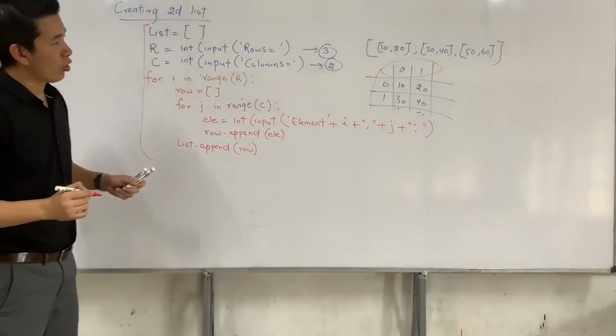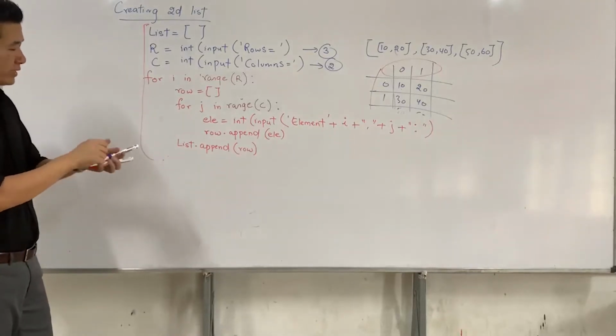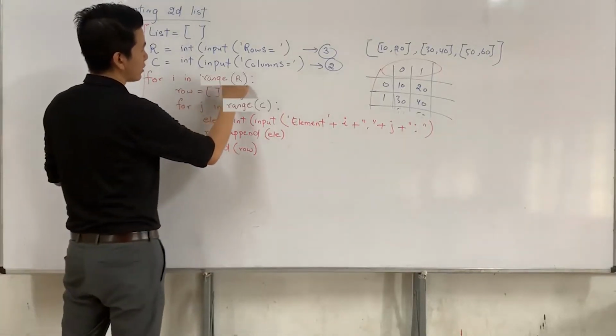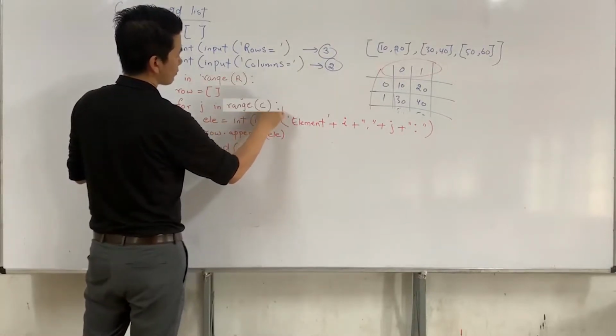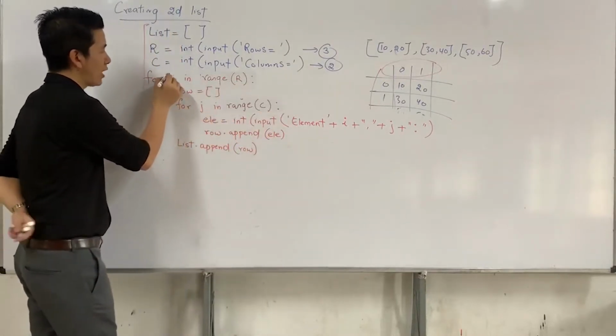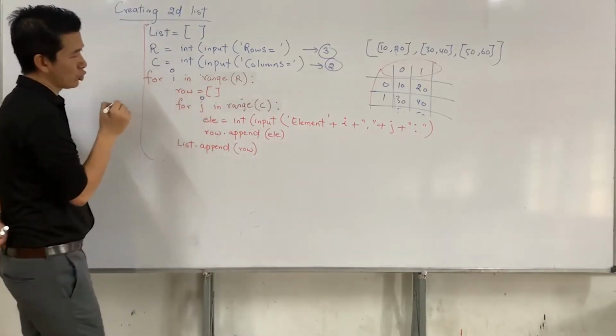Now let's try the logic of the program. Okay, so let's do this real quick. Let's say the value of R is 3 and then the value of C is 2. Okay, initially the value of I is 0, the value of J is 0.